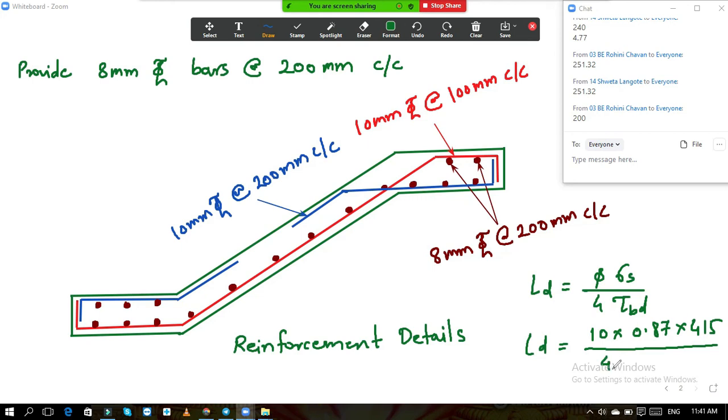It is 4 into tau BD for M20, it is 1.2, increase it by 60%, 1.6. So LD nearly comes out to be 470 mm. You can check what is the value. You will check development and make these changes accordingly in the previous examples also.